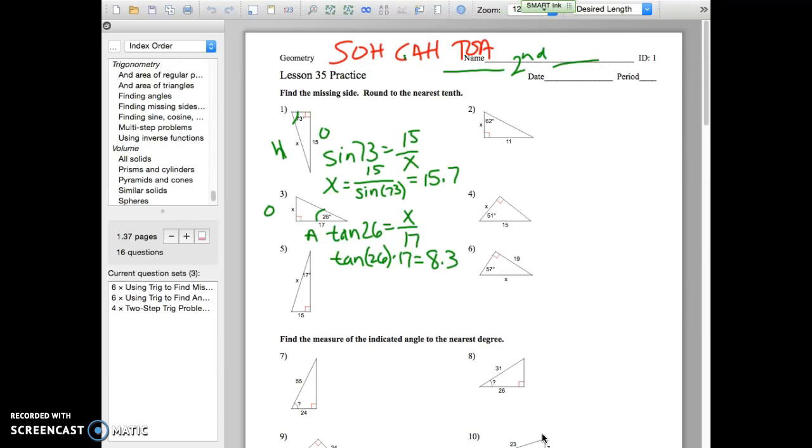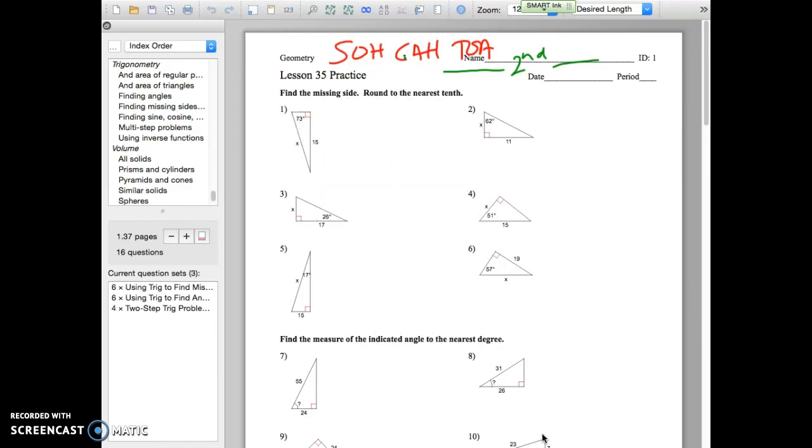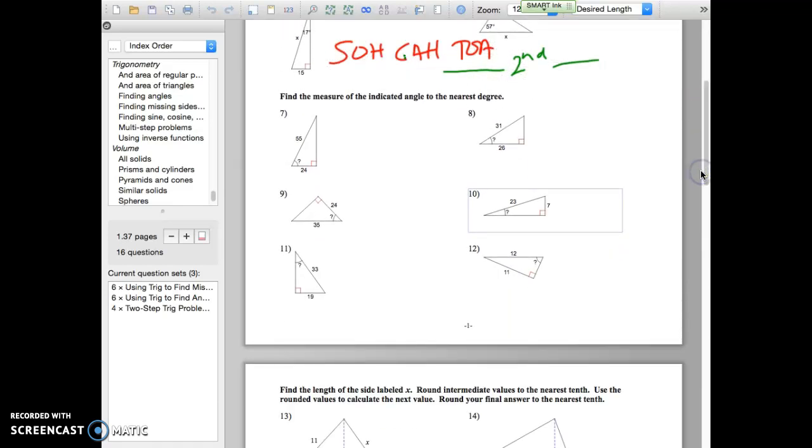Let's do a couple more examples. For the second set of examples, you actually have to hit second because you're looking for an angle. So for this set, you have to hit second. I have it written right there on your calculator. So this side right here is adjacent to the angle, and this is the hypotenuse because it's across. So adjacent and hypotenuse is going to be cosine.